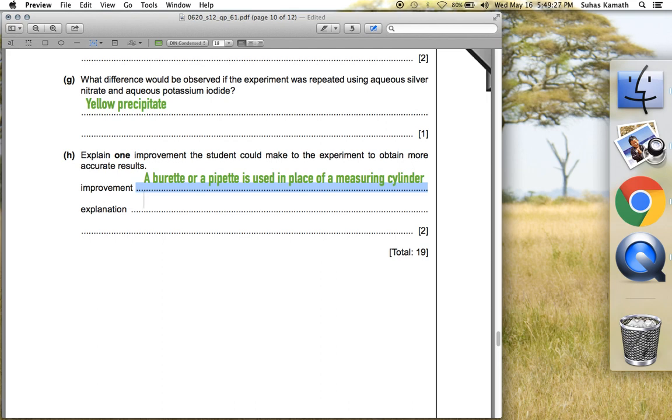Explanation: a burette or a pipette is more accurate than a measuring cylinder. So that's all.